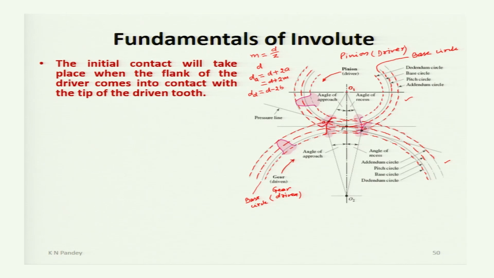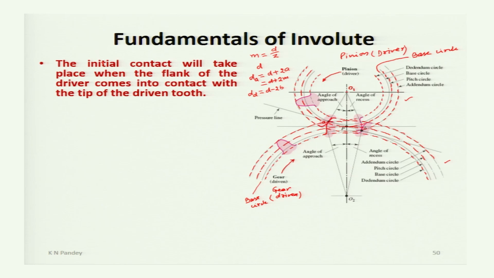Now, let us see where this point small a is lying. This is the driver, and this A is below the pitch circle of the driver, and so the flank is touching the face of the driver.